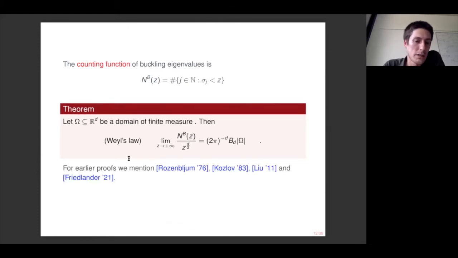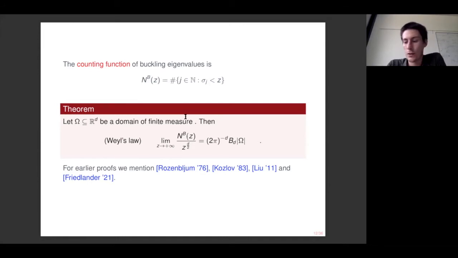This result has been obtained earlier by several authors. Here I mention Rosenblum, Kozlov, and Liu for the derivation in Riemannian manifolds, and it also appeared very recently a note by Friedlander, which proved this Weyl law with a quite simple approximation argument.